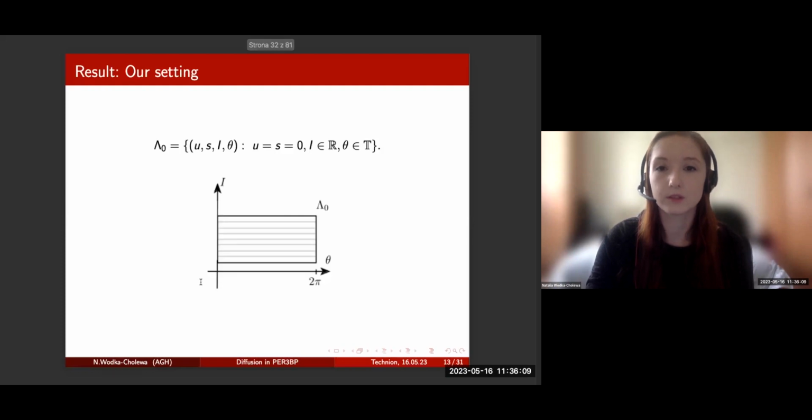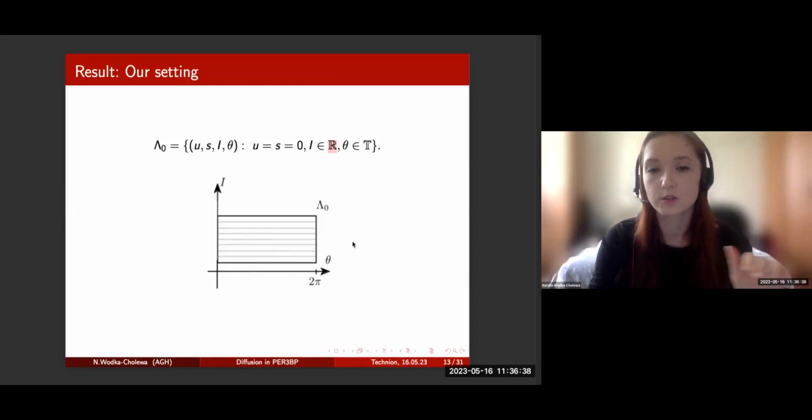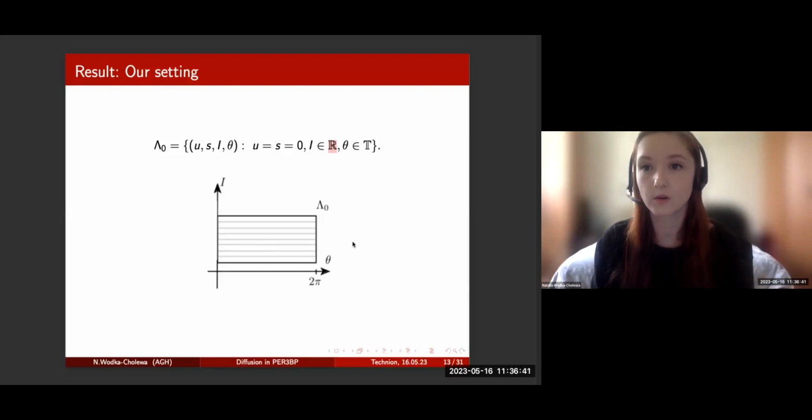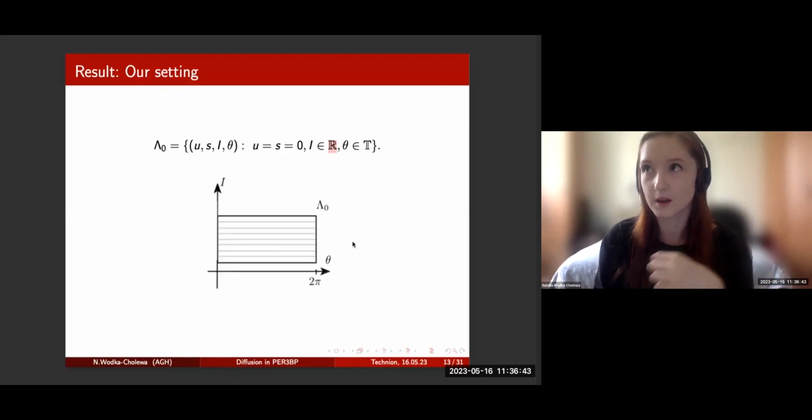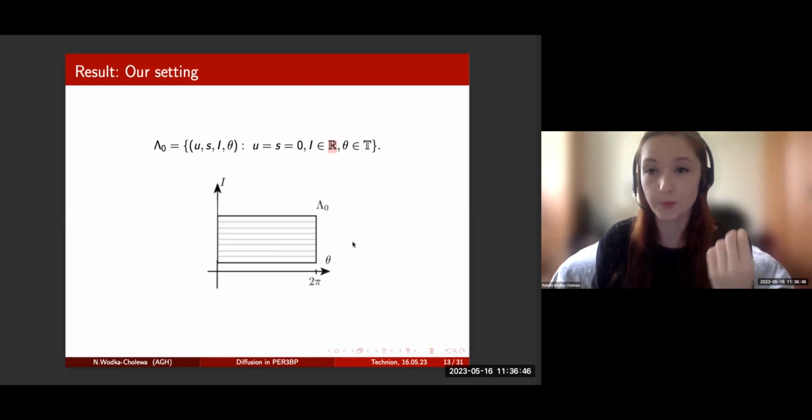Okay. So it looks something like this. We have this lambda 0, and u and s are 0, and we have I and theta. So theta, you can think about it as an angle, so it's from 0 to 2 pi, and you have the I coordinate, okay? Here it's from R, but it can be narrowed down to 0, 1, and you see that you have energy levels. I is an energy level, so you have these stripes, right? And they go periodically. So these are our Lyapunov orbits.